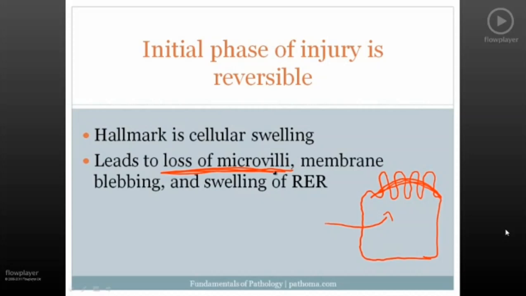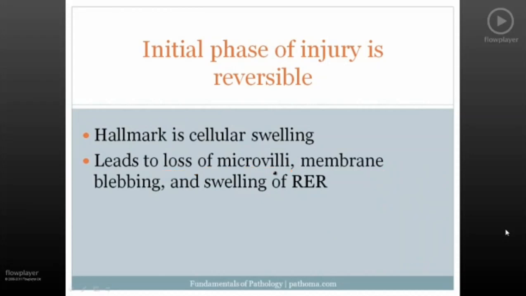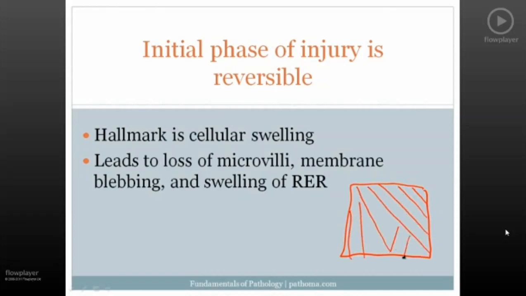Another important feature of reversible injury, it again goes back to cellular swelling, is membrane blebbing. So let's go back and remind ourselves that the cell contains something called a cytoskeleton, and the cytoskeleton maintains the size and shape of the cell, but also maintains the integrity of the membrane along the surface of the cell.